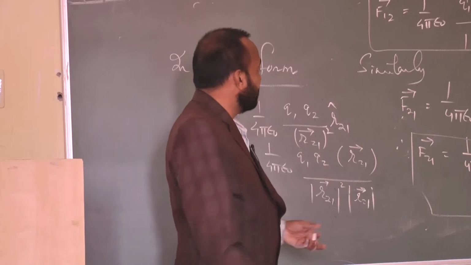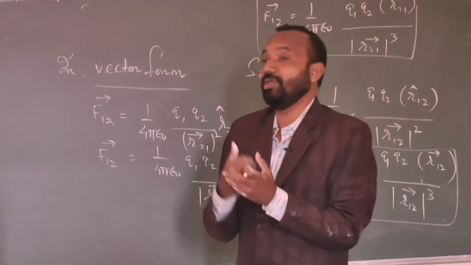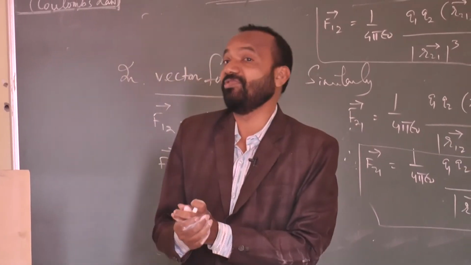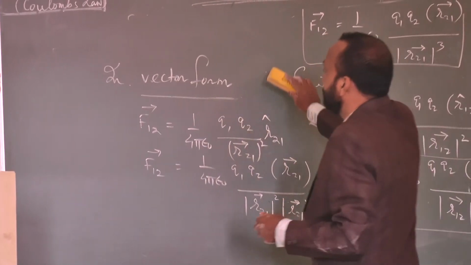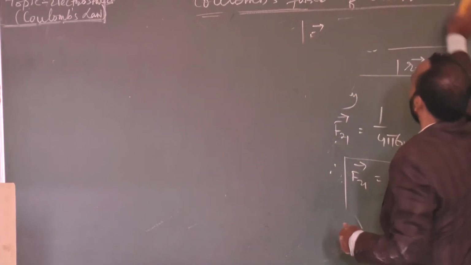Now, what happened if you consider this force of interaction, force taking place between the charged particles in case of free space? So what is the relationship between the dielectric constant and the Coulomb force taking place in this medium? Let us start.